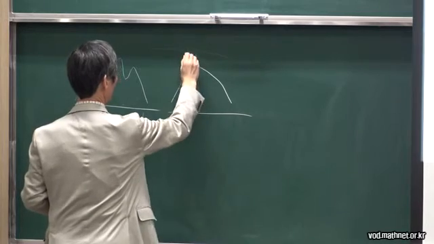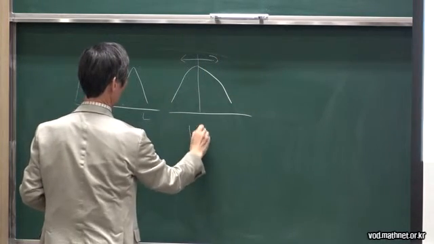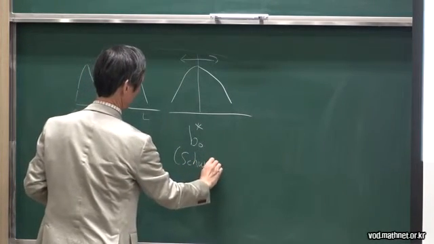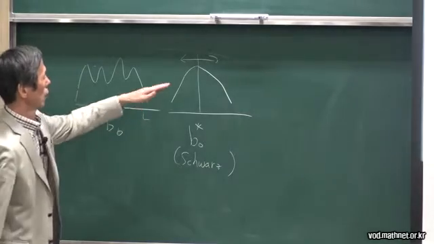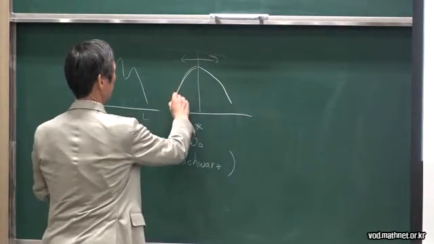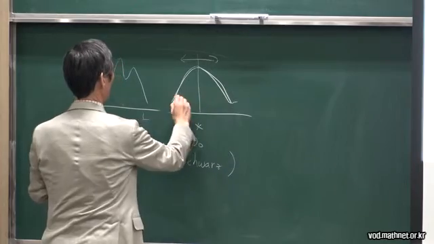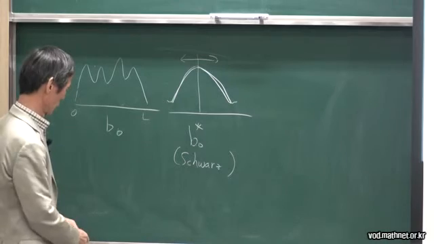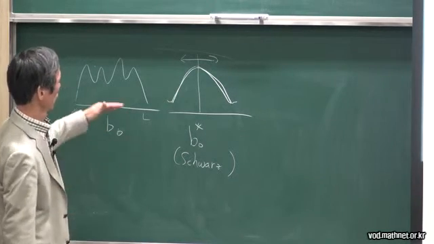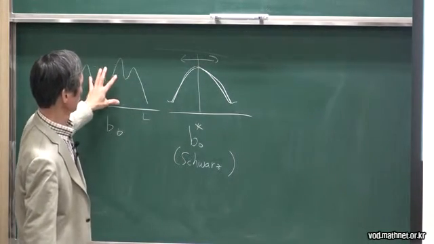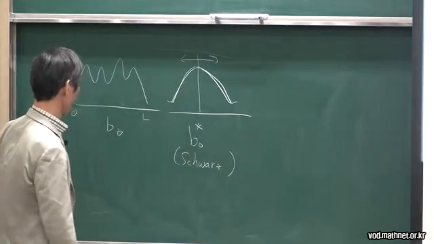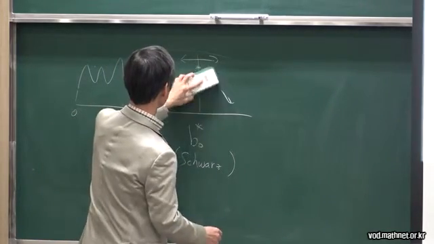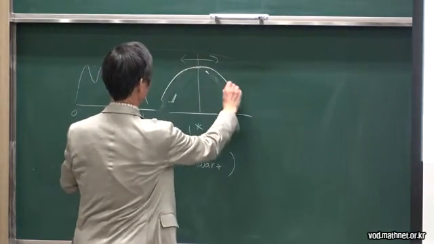It is symmetric. So this is B0 star. It is symmetric and decreasing, and equimeasurable to the original B0. This is unique, of course. Once B0 is given, B0 star is uniquely determined. This and this are equimeasurable. Maybe I have to make it a little fatter, like this.